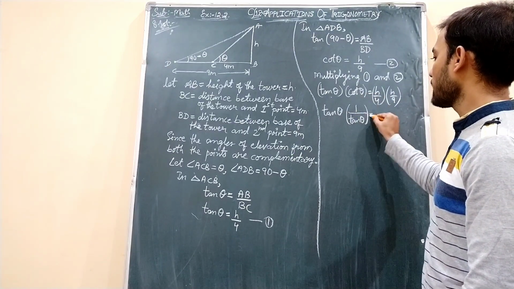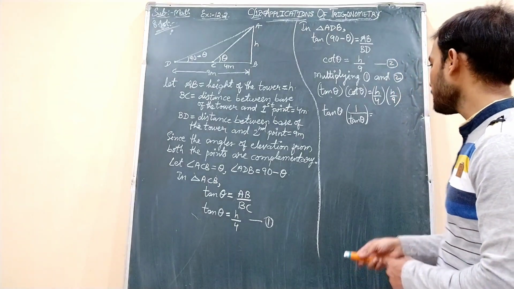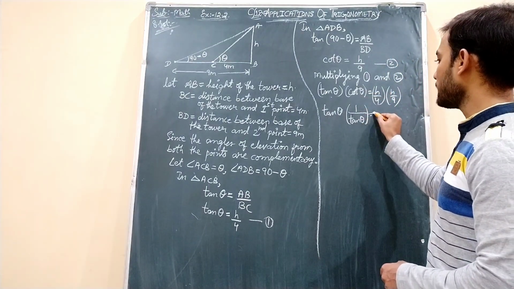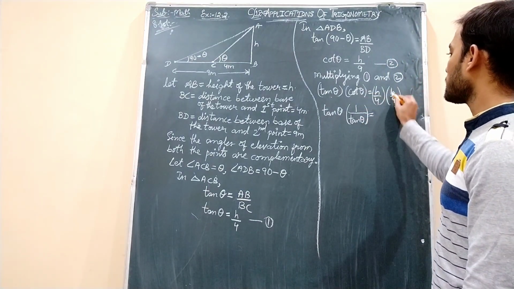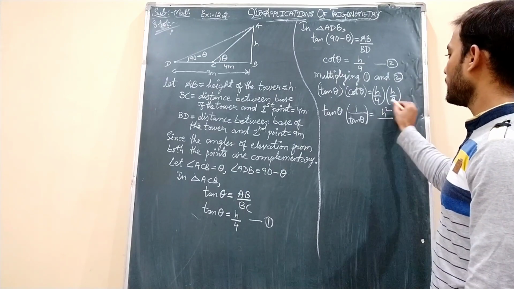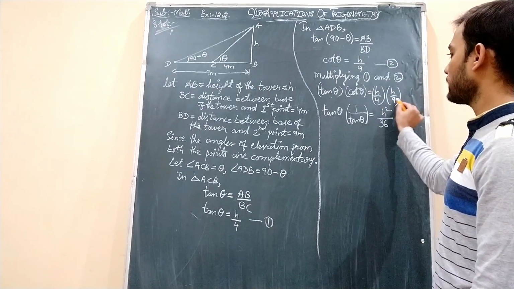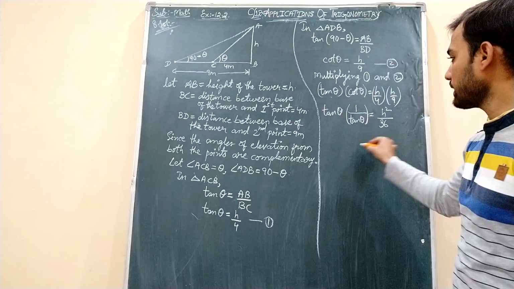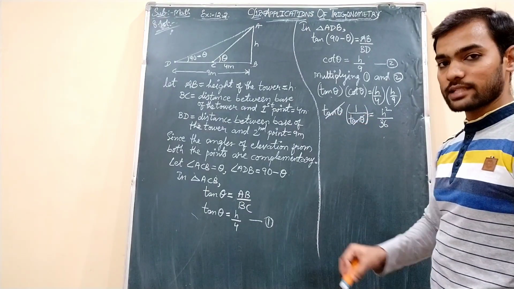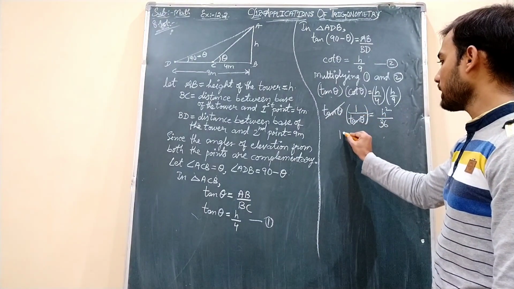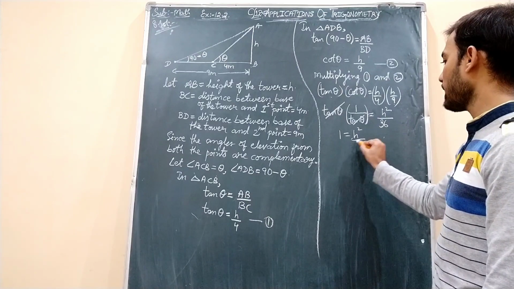This we have learned in the multiplicative inverses formula. So cot theta becomes 1 by tan theta, and h into h is h square, 4 into 9 is 36. When we multiplied this, we got h square by 36. Tan theta gets cancelled. So what remains over here? 1 equals h square by 36, students.